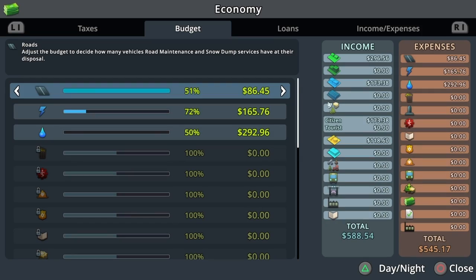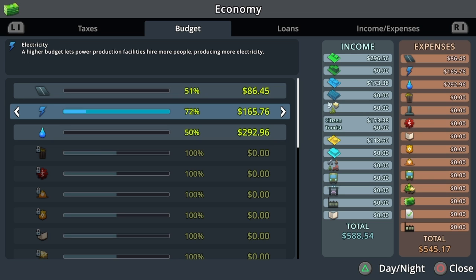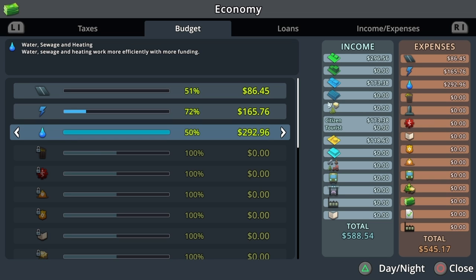It is hard when you are starting to be positive in your finances. The secret is you control the quantity of money you will spend in roads maintenance, electricity, and water, sewage, and heating.